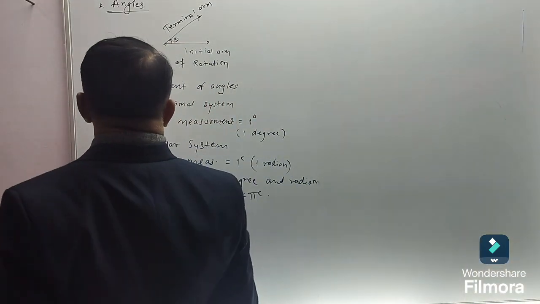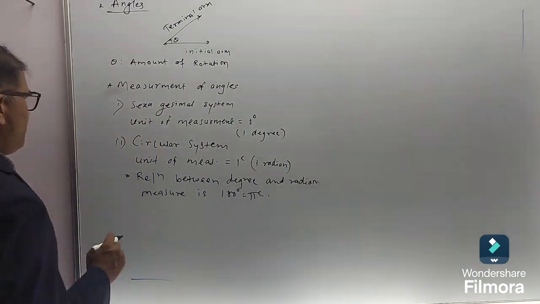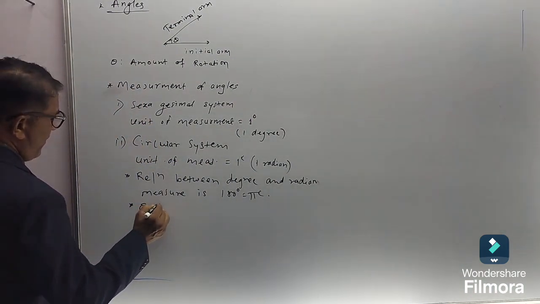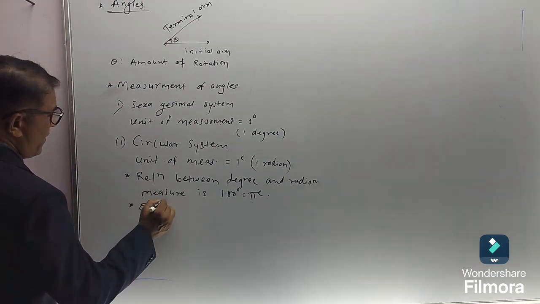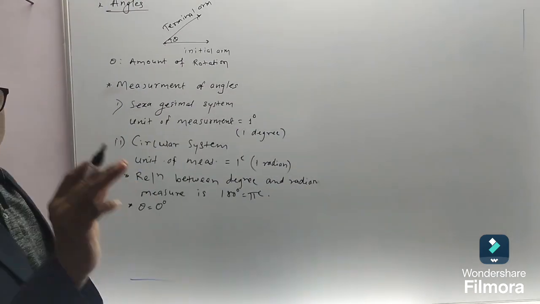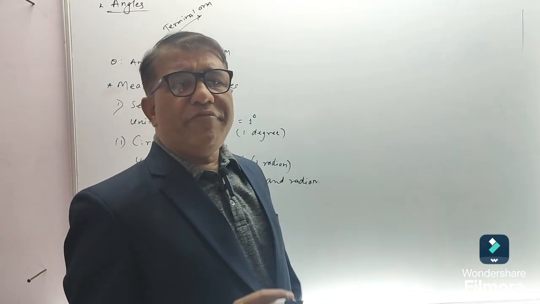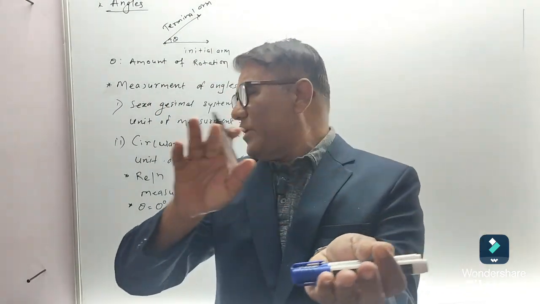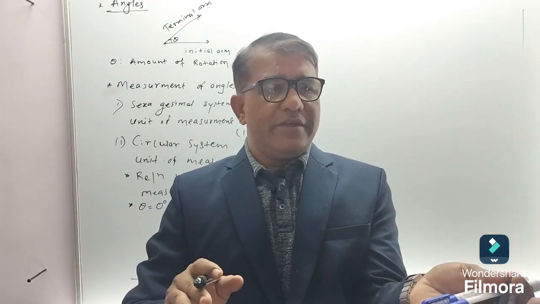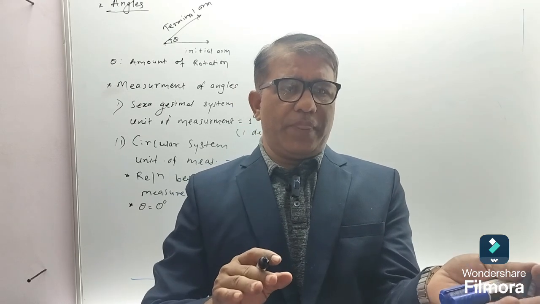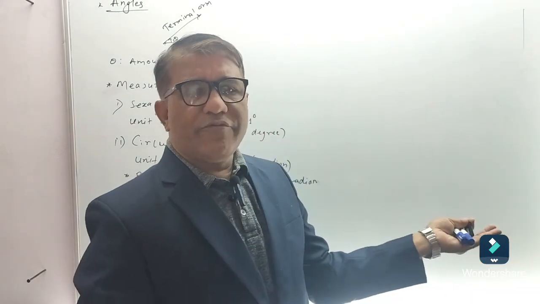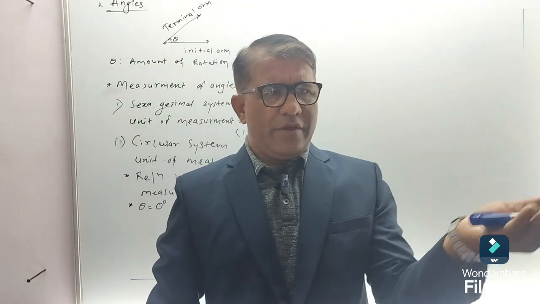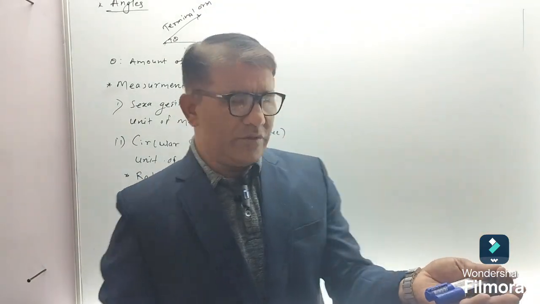Now, if the measure of theta is 0 degree or 0 radian, the initial arm and terminal arm are coincident. I am not writing everything here. Just listen, because it is from our very basics, from 8, 9, 10 almost.